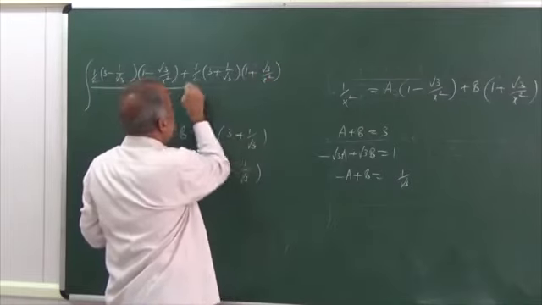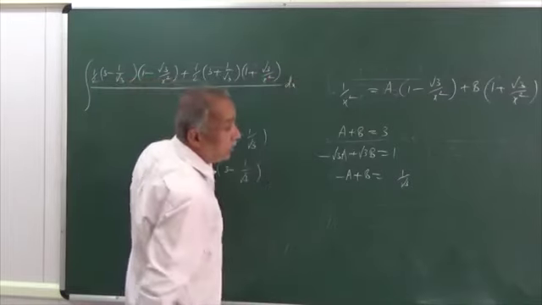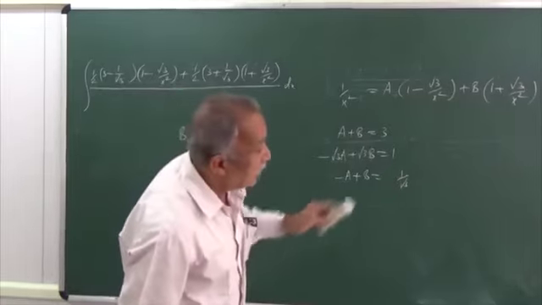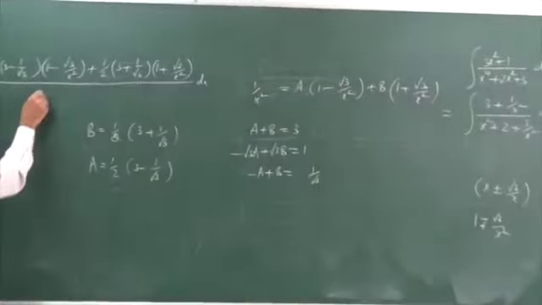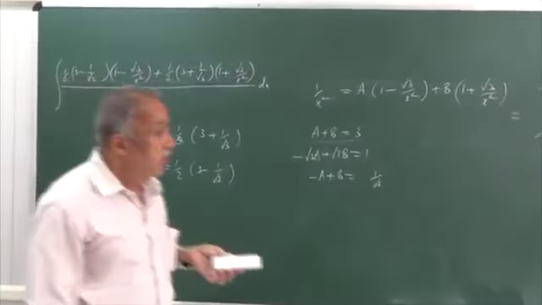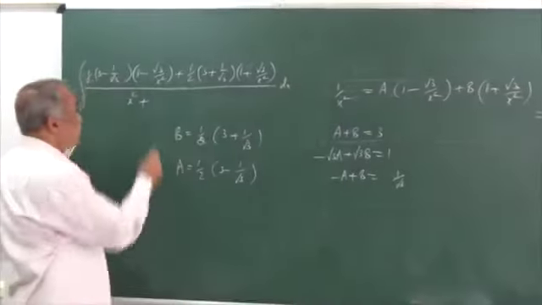This is the numerator of our integrand, and the denominator as it is, without any change for the moment, is x² + 2 + 3/x².